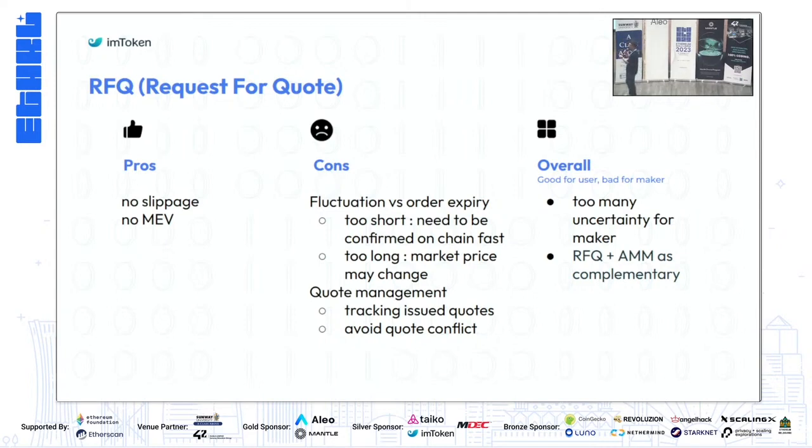If the time window is too long, it is good for the user because they have time to decide whether they want to trade or not, and they don't need to set a very high gas price to be confirmed in time. But the market price can go up and down, right? So it causes a risk for the maker that the price may be out of date.